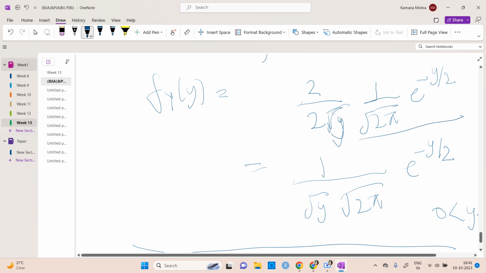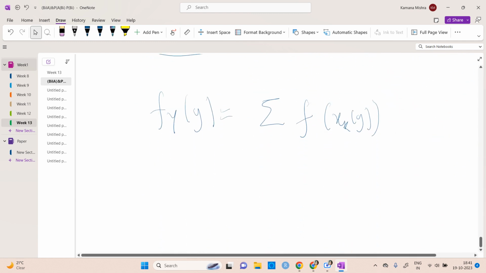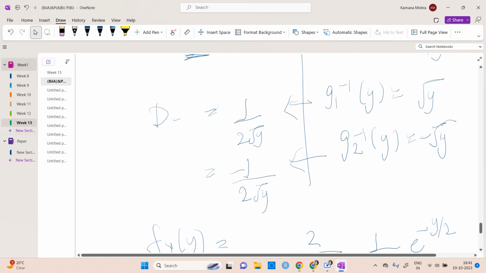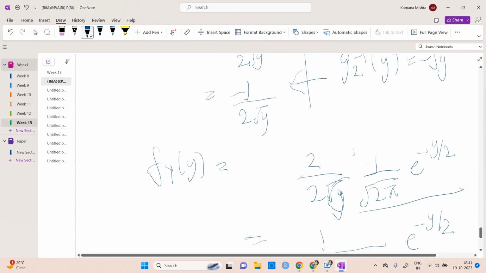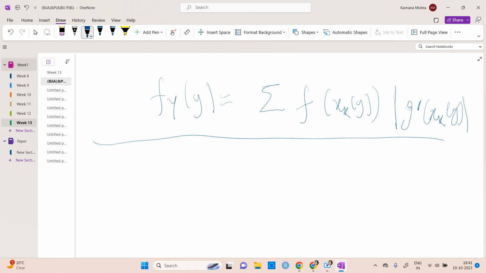There is just x squared, so we are putting y here, multiplied by the mod of 1 over g dash of x_k. So this was g dash, and its summation in mod would be 1 upon root 2 y plus 1 upon root 2 y, which I have written as 2 upon 2 root y. This is how you can do the transformation if one variable is given and you want to do the transformation.